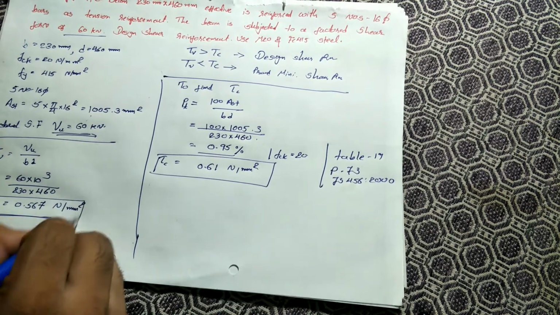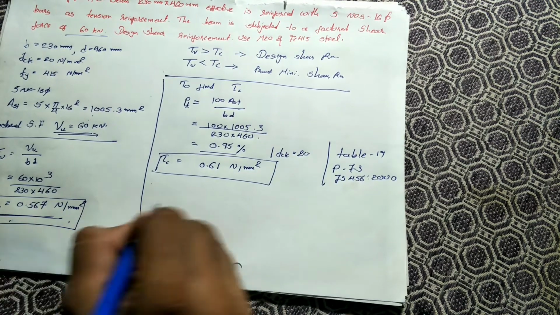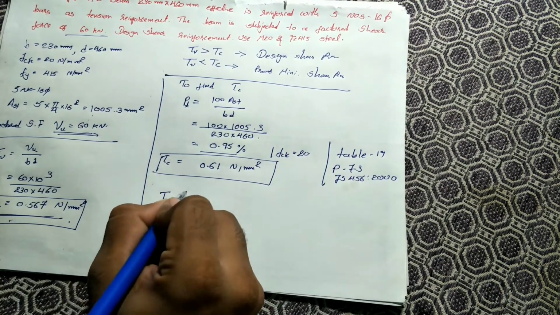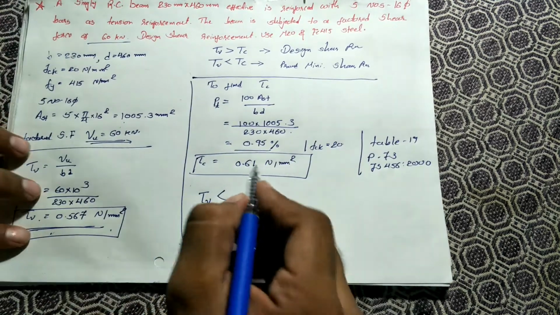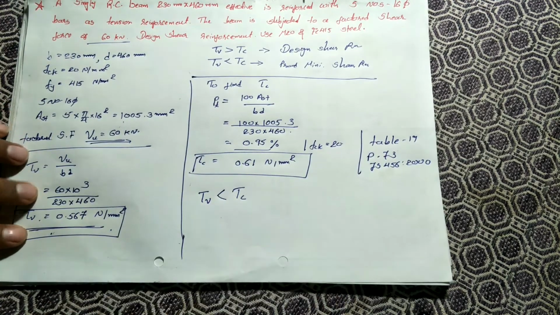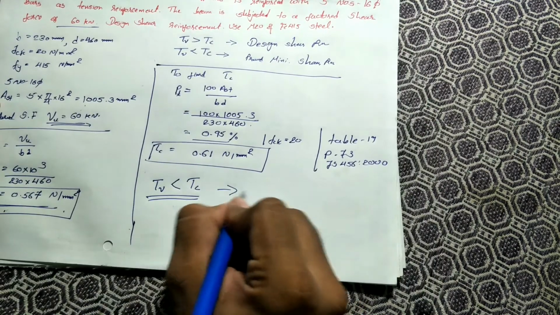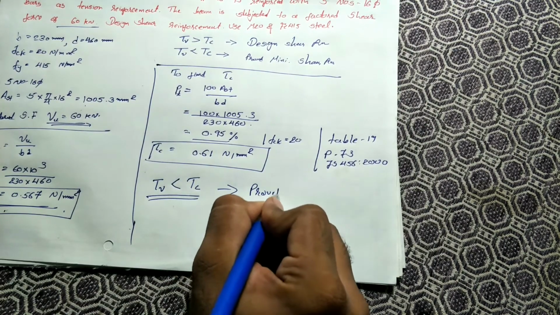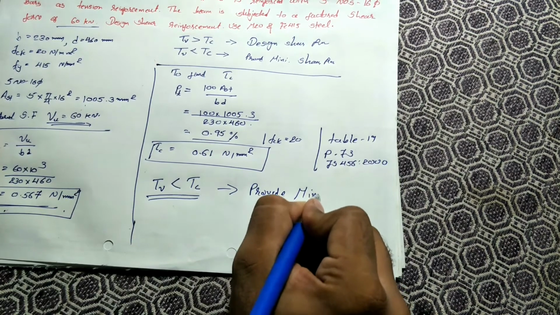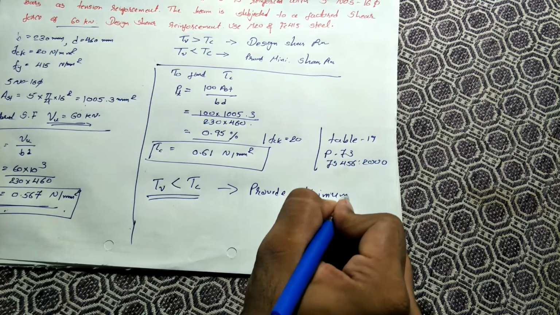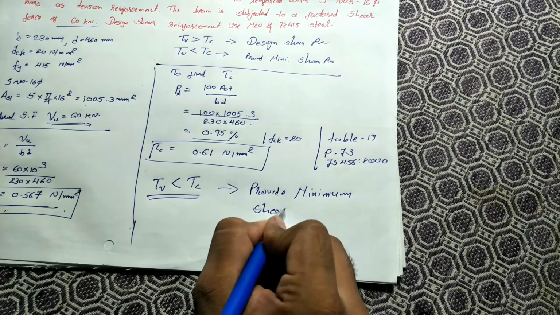So this is tau v and this is tau c. So here what happens? Tau v is less than or equal to tau c. Okay, so what we have to do? So provide minimum shear reinforcement.